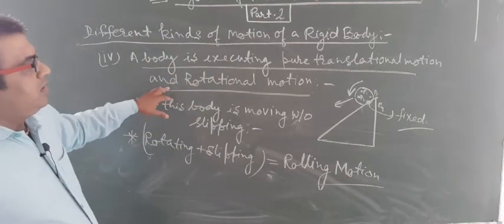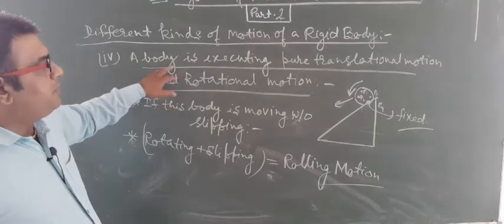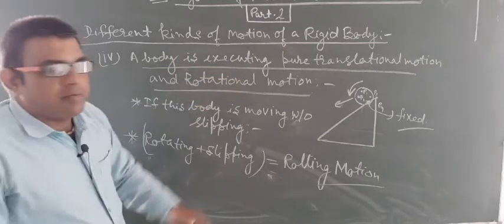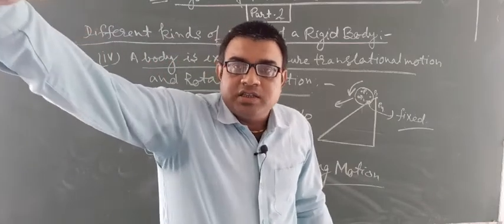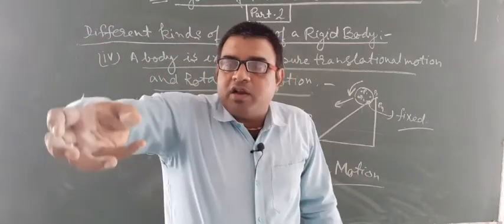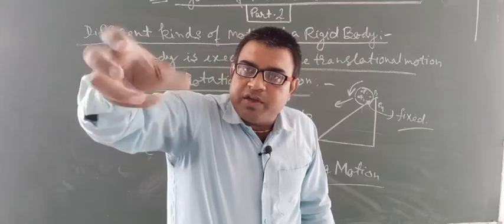So when the body is executing pure translational motion and rotational motion, we have discussed both types of motion. Translational motion means the body is moving with velocity v, and rotational motion means moving about an axis.